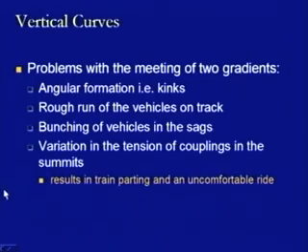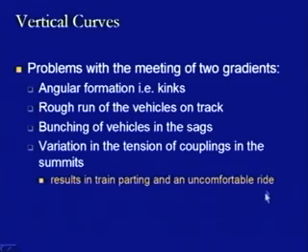If we have an upward gradient which is going like this and it is followed by another gradient which is coming like this in the downward direction, wherever these two gradients are meeting, that is the upmost point, and this upmost point is termed as the summit.